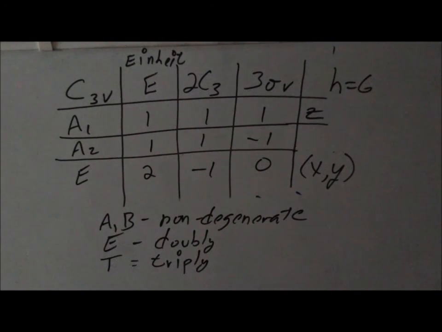So we can have multiple levels of degeneracy beyond 1, which is non-degenerate, 2, and 3. We have cases with which we are already familiar of more complex degeneracy.